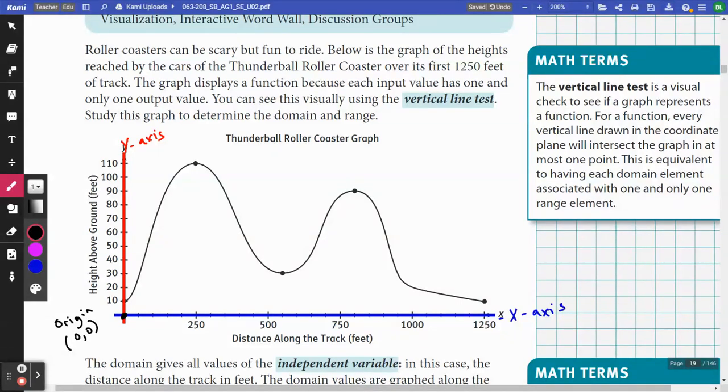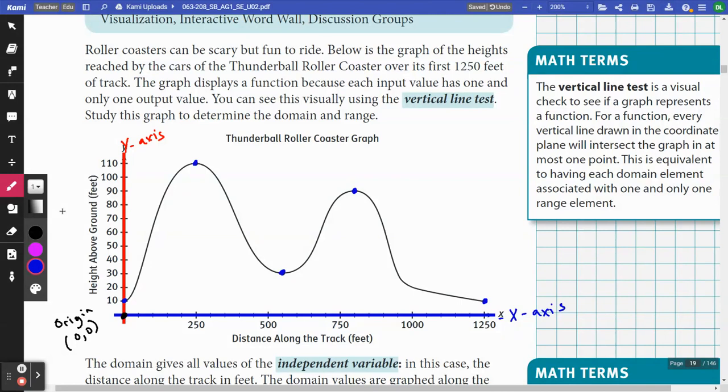Now, this is representing a roller coaster. I have a point here, a point here, a point here, another point here, and there's a point here.